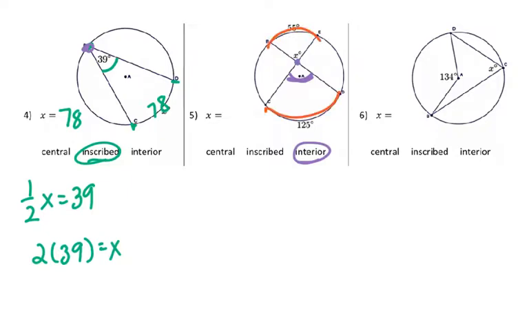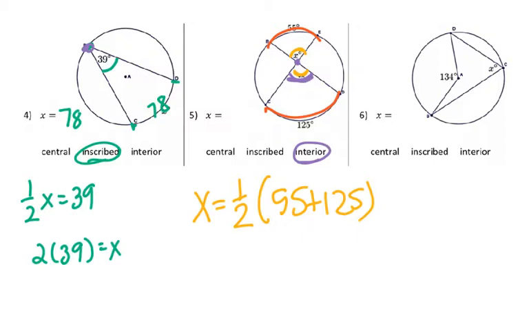So angle x also, this is going to be vertical angles right there, so if we just say x is equal to half of 55 plus 125, then it becomes a simple math calculation. So that comes out to be half of 180, which is 90. That means that x is equal to 90 degrees.